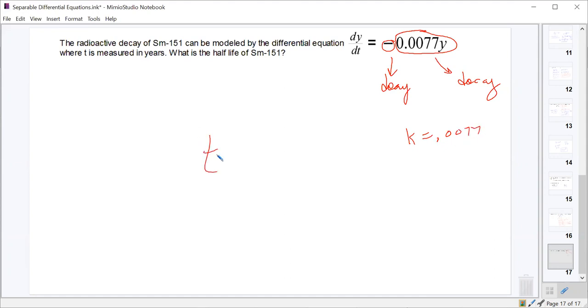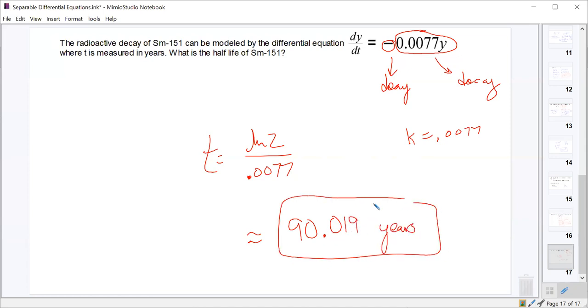So if we want the half-life, it should be the natural log of 2 divided by k. Doesn't get much easier than that. And what do we get? I got 90.019. Oh, good. You're going to round to at least 3 decimals. Always round to at least 3 decimals. And that's it.